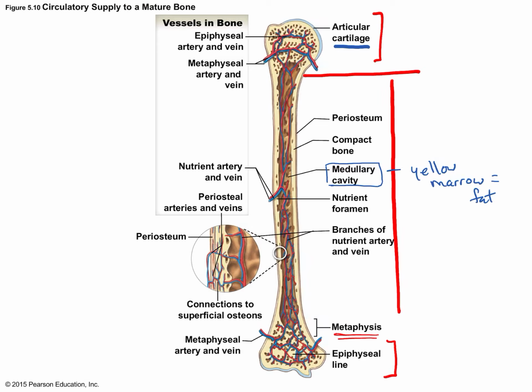And by the way, light blue is the color they use for cartilage throughout the book, if you haven't noticed yet. And notice that the cartilage is only covering partially the epiphysis, because it's only going to cover where the bone makes that articulation or joint. So if you're wondering where the word articular came from, articulation is a joint. So articular cartilage is cartilage that protects the joint.